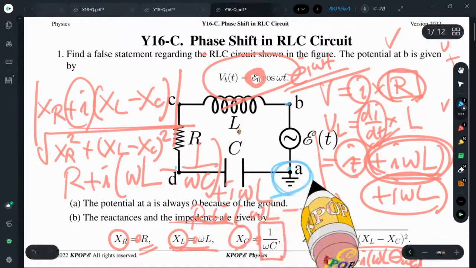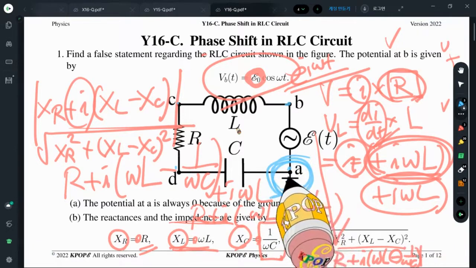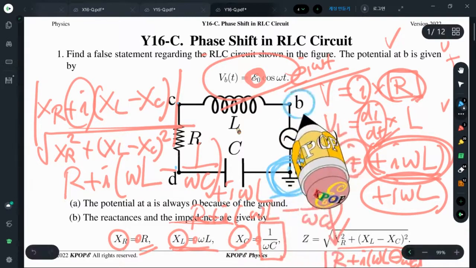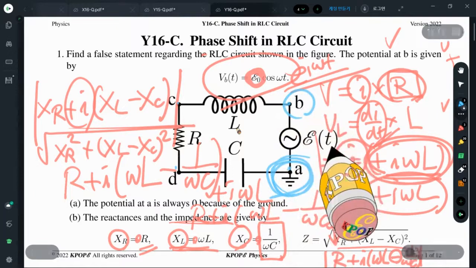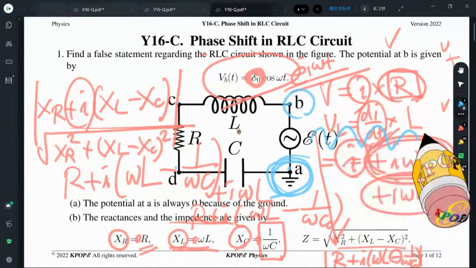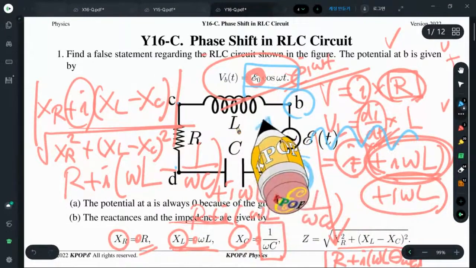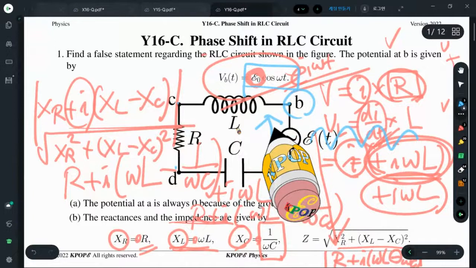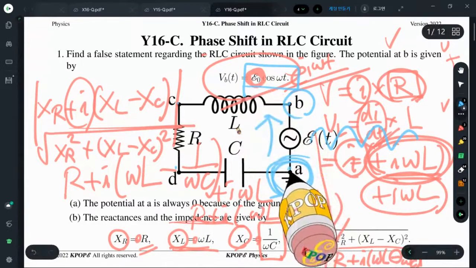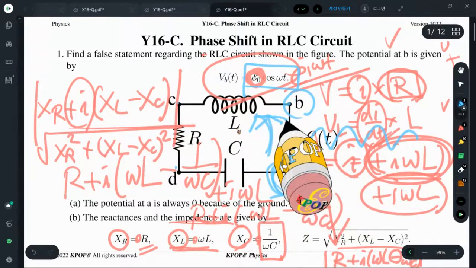Its potential is always 0. Therefore, usually we put the positive sign, although it is sinusoidal and sometimes becomes negative or positive. We assume the conventional direction is from here to there. Current flows in this way.